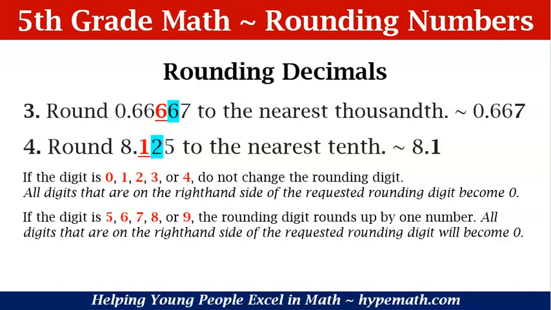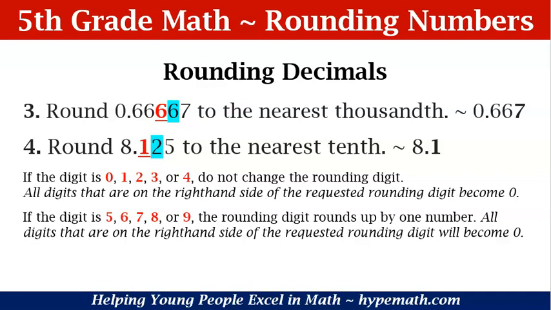Let's look at number 4. We are rounding 8.125 to the nearest 10th place. The 1 is in the 10th place. We have it red and underlined so that we can focus on what our rounding digit is. We are going to look to the right-hand side to see, is our value going to stay the same or is it going to round up?